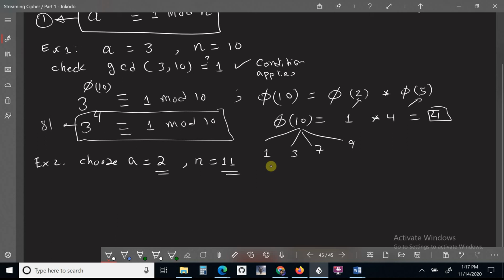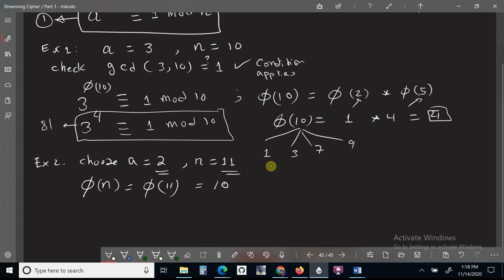But let's first find phi of n, which is phi of 11. Now 11 is a prime, so it will be 11 minus 1, which is 10. So we already know phi of n.